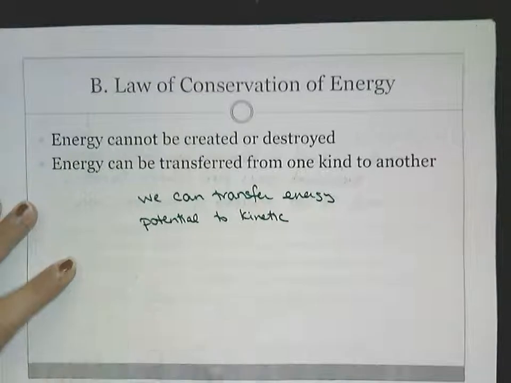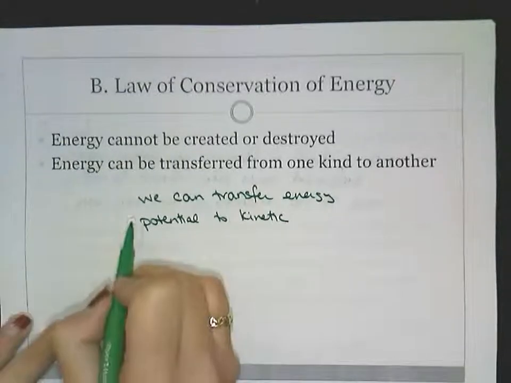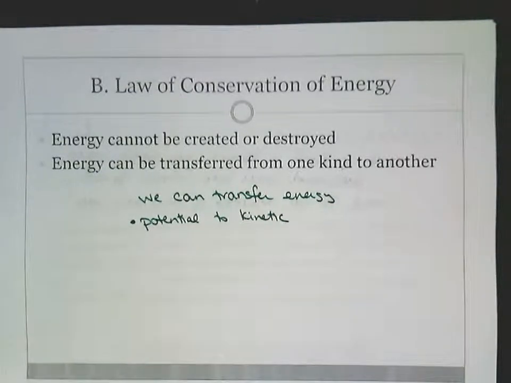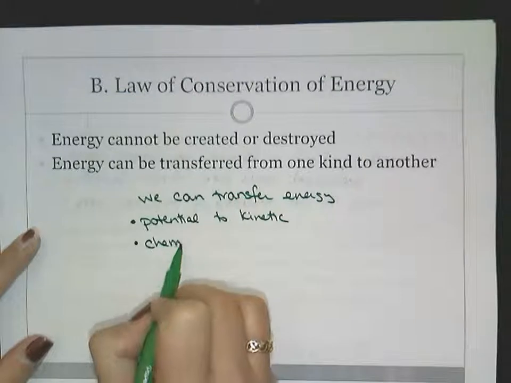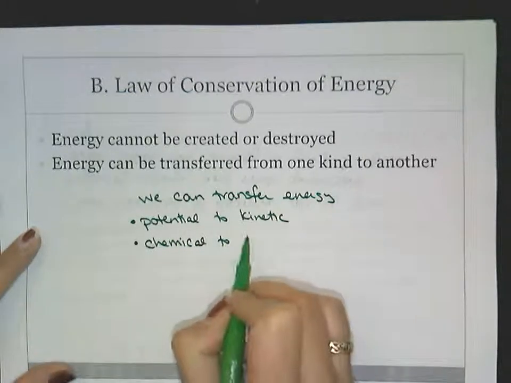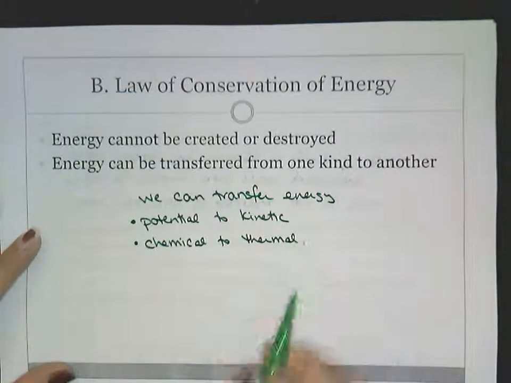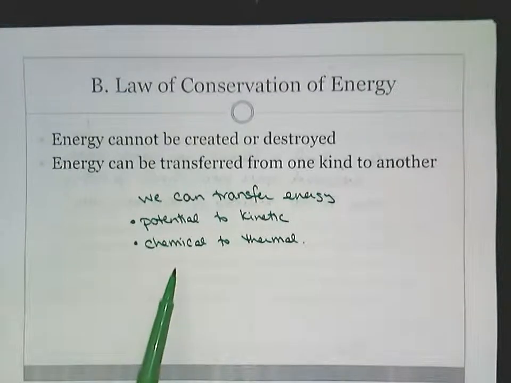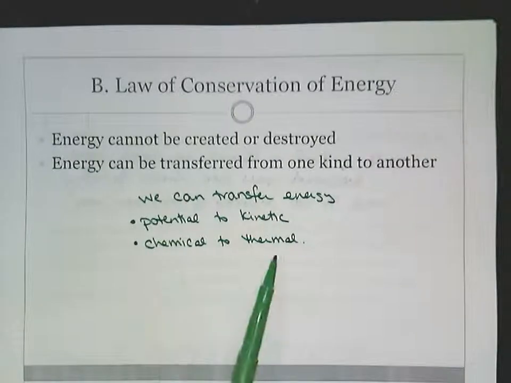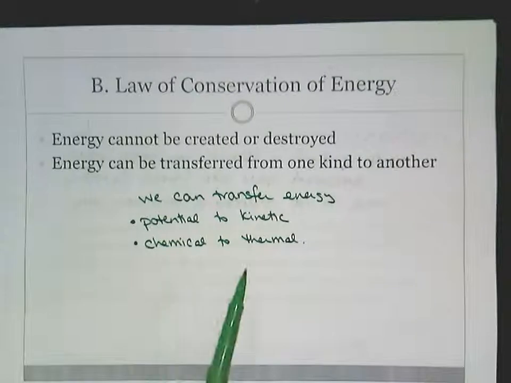So we could transfer energy, right? We could imagine having potential energy to kinetic energy, right? That's when you hold the ball above your head, it has potential energy, you drop it, and now it's kinetic energy. So you've changed the type of energy from one to another. You could also imagine a reaction that had chemical energy, it had the ability to go forward and make a reaction, and then it did the reaction and the flask got hot.